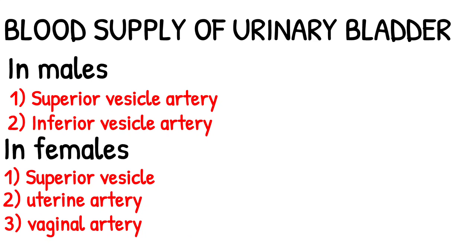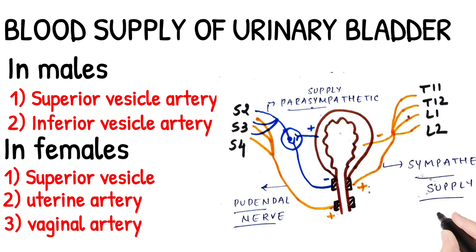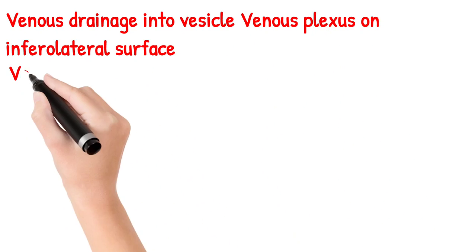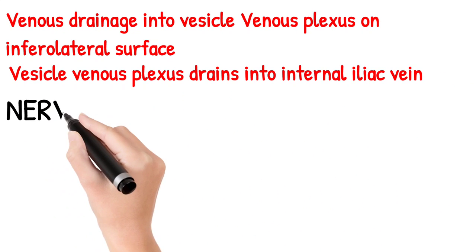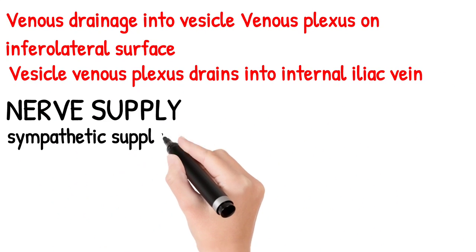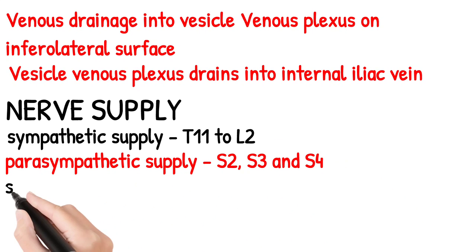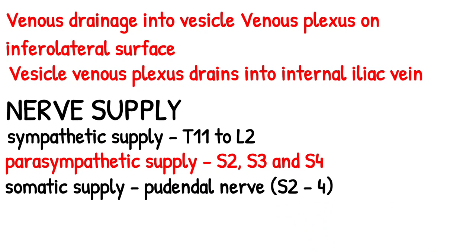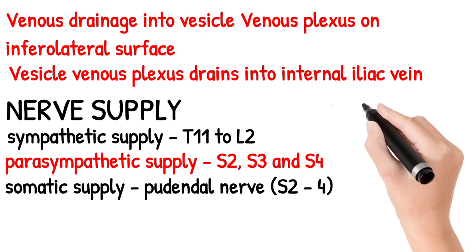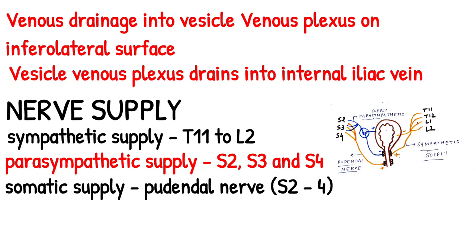The abdominal aorta divides into the common iliac artery, which divides into the internal and external iliac arteries. The internal iliac artery divides into an anterior trunk and a posterior trunk, and the anterior trunk gives two branches, the superior vesical branch and the inferior vesical branch. They supply the urinary bladder in males. In females, the urinary bladder is supplied by the superior vesical artery, uterine artery and vaginal artery. Again, all of these are branches of the internal iliac artery.